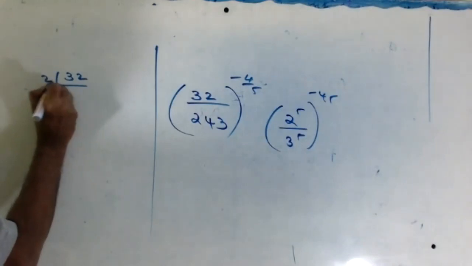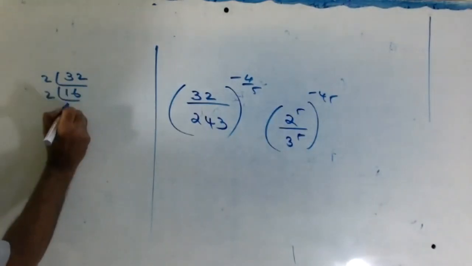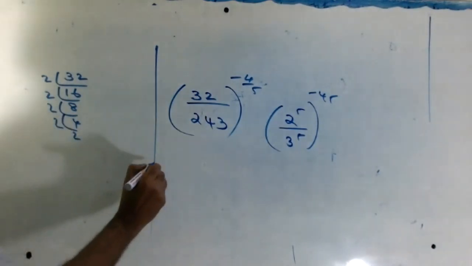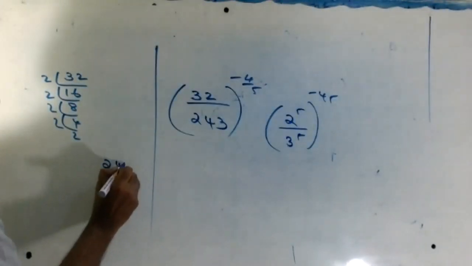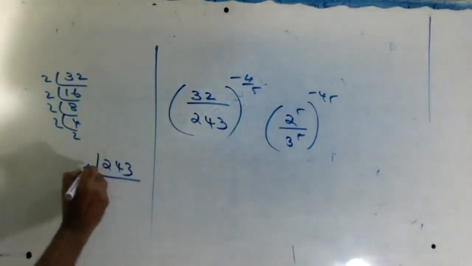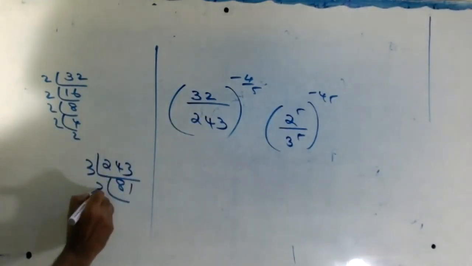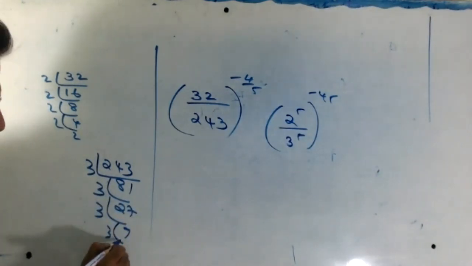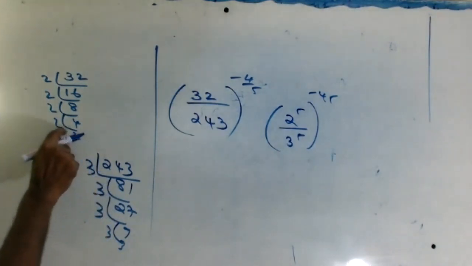Just now we did this: 2, 16; 2, 8; 2, 4; 2, 2. 243, don't write in your margin this one. Other side: 3, 81; 3, 27; 3, 9; 3, 3. 1, 2, 3, 4, 5.